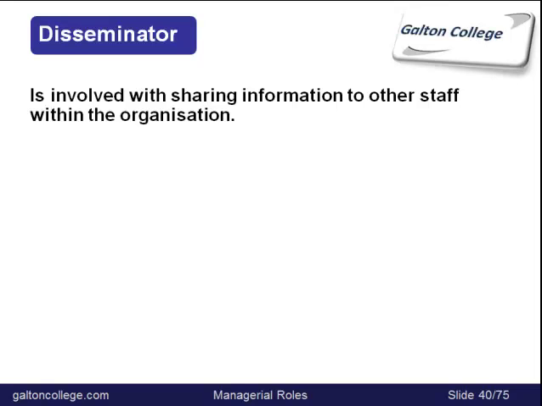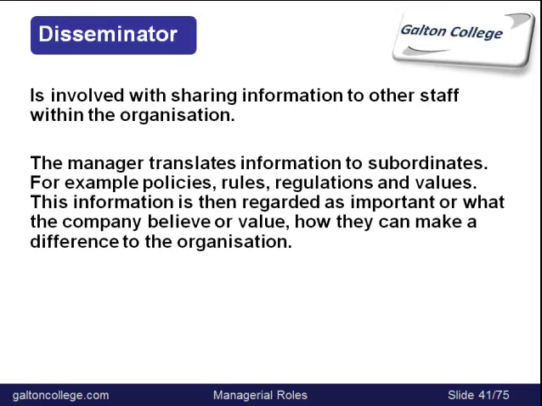They need information about some aspect of the business. So that information has to flow, and it's best to flow from one person. The manager translates the information to subordinates, to the workers. For example, policies, rules, regulations, and values.